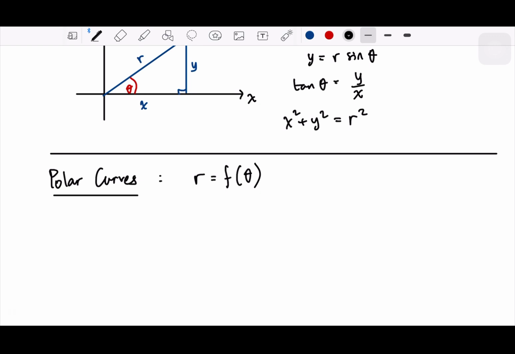Let's say we have r equals 2. If the equation is r equals 2, it will always have radius 2. So the shape is a circle with a constant radius 2, right?